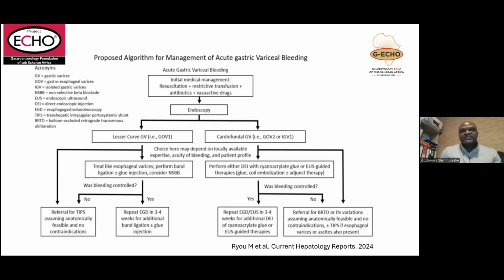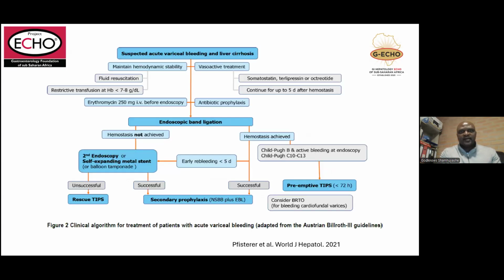If the bleeding is not controlled, you might need to make use of your interventional radiology services, if they are available, for your patient to be considered maybe for TIPS, if they qualify, or if they've got no contraindication, and also for patients who might need a BRTO or a BATO if TIPS is not an option. The same applies to this slide. It's just an overall overview of how you would manage acute variceal bleeding, but this one encompasses the esophageal varices.